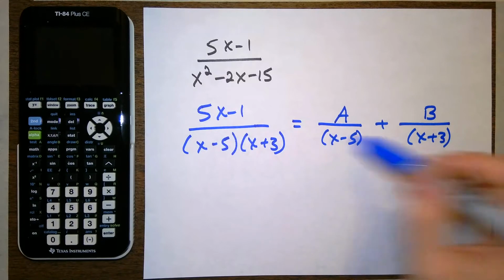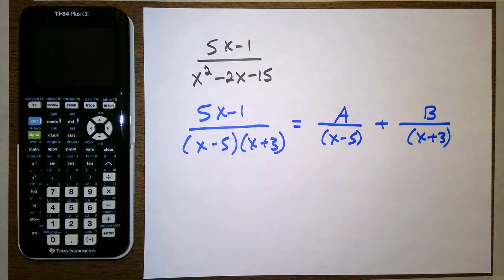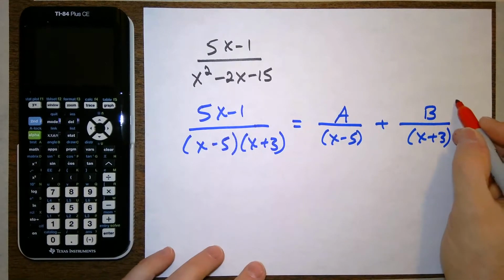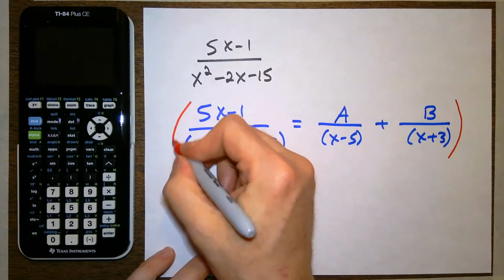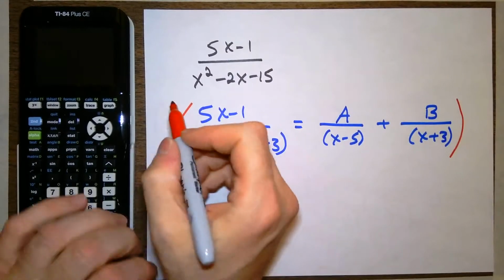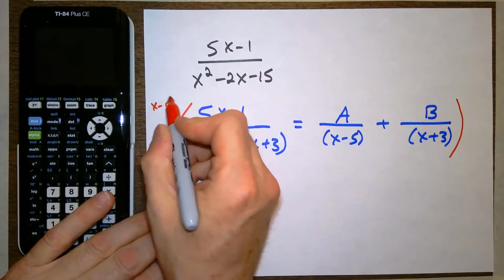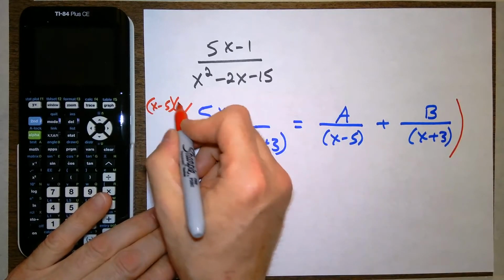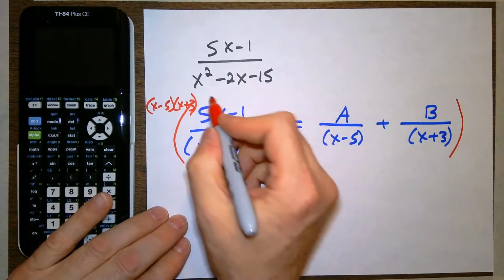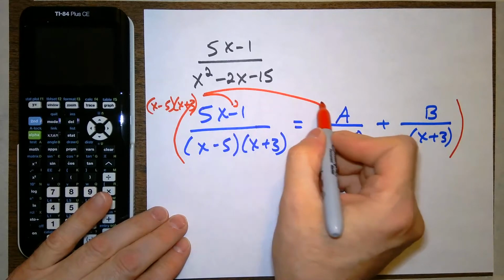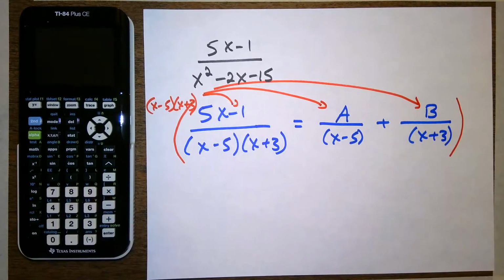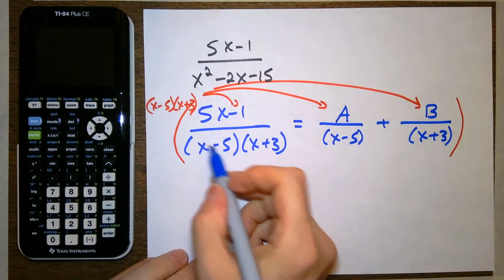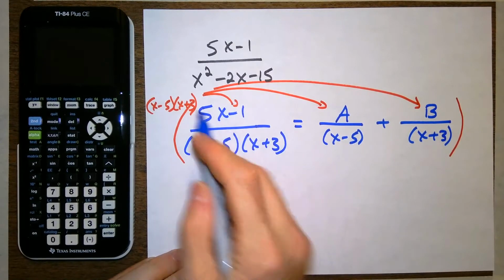I'm going to make all of the denominators go away. This is a trick we often use, by multiplying the entire equation by the common denominators of x minus 5 and x plus 3. So I'm going to multiply here, and there, and there. When I multiply by this, the x minus 5s and the x plus 3s will cancel.